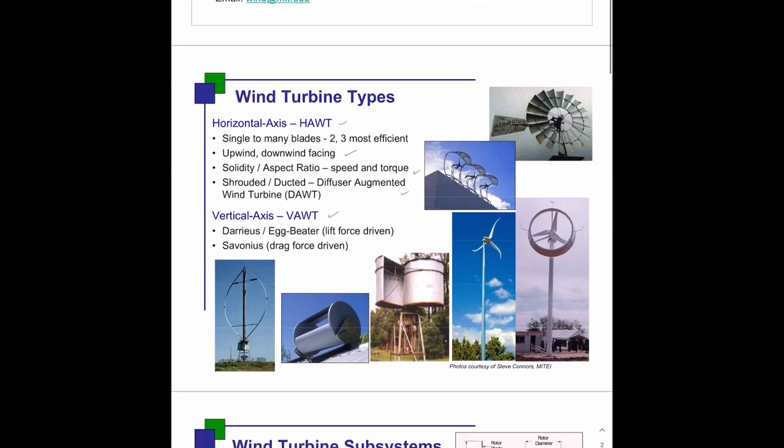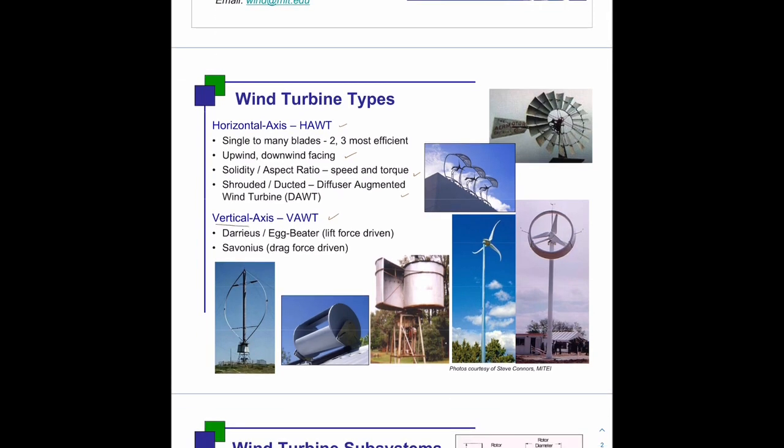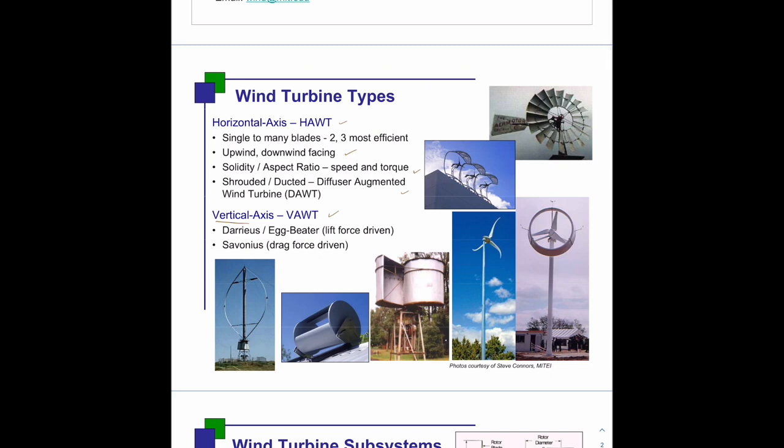These are the types. For the vertical axis or vertical shaft, we have Darrieus, which is lift force driven, and we have Savonius, drag force driven. What do I mean by lift force? It means that a pressure difference is required.